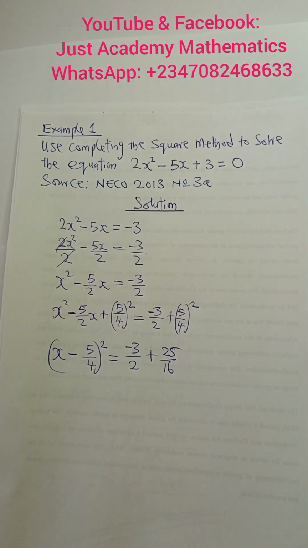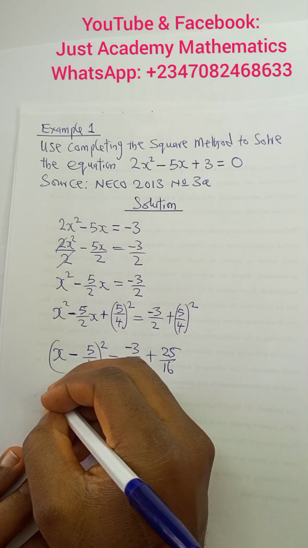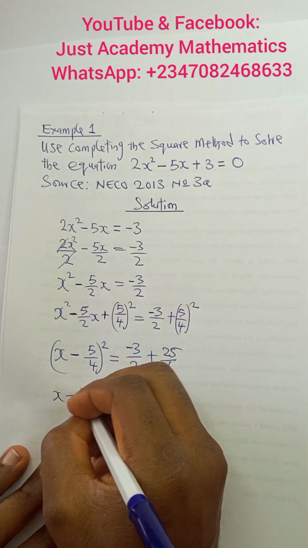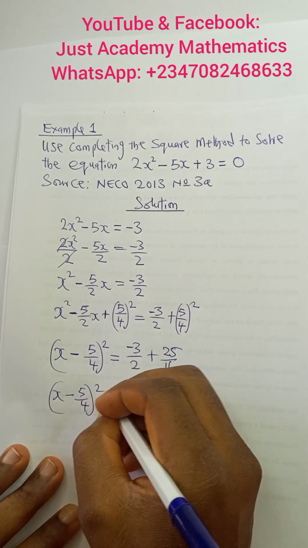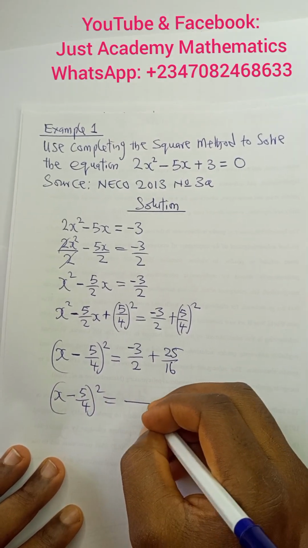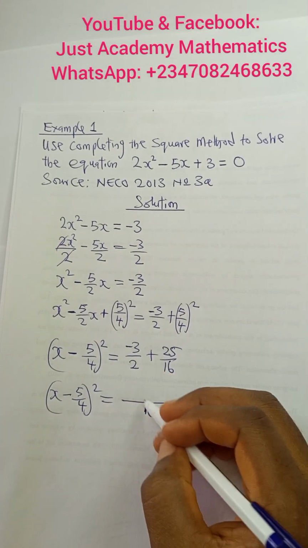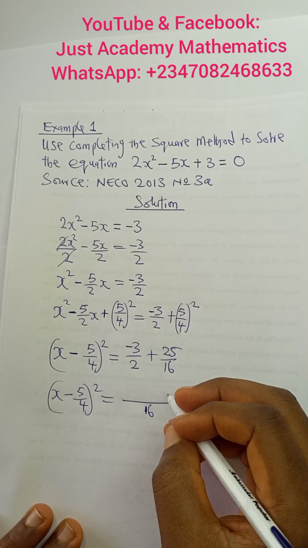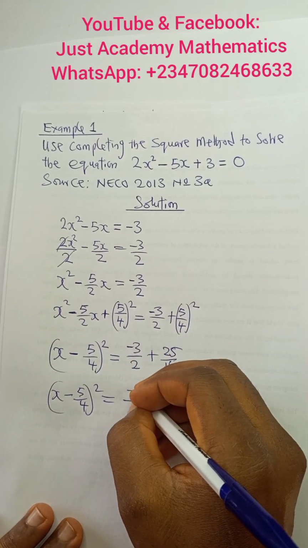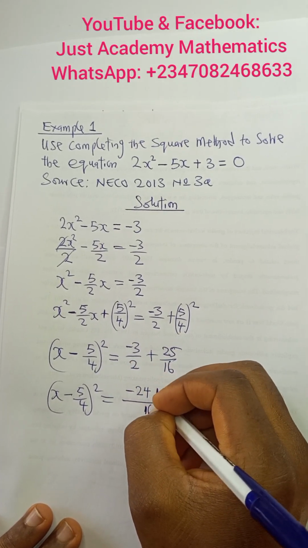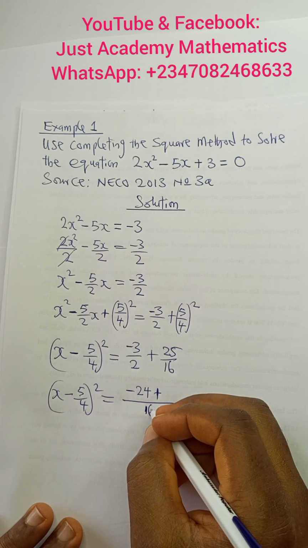I hope it's making sense. Now, what do we do next? We repeat that this is x minus 5 over 4 squared equals to, the LCM here is what? 16. So 2 going into 16 will give me 8. 8 times minus 3 is minus 24, plus 25, over 16, is 1.